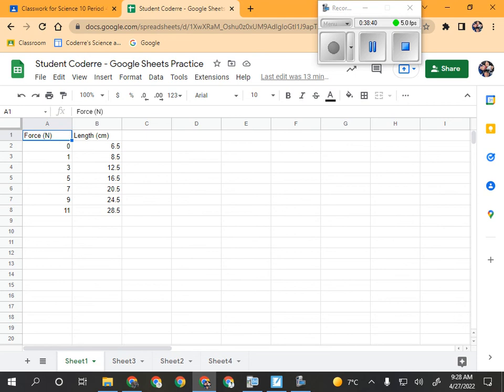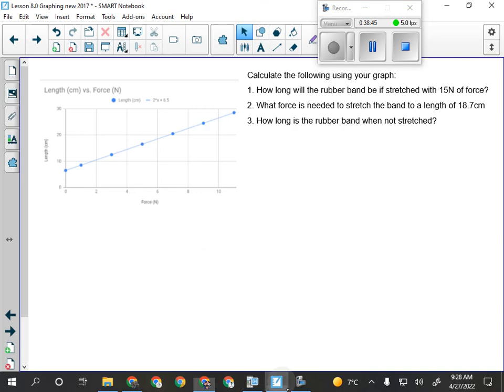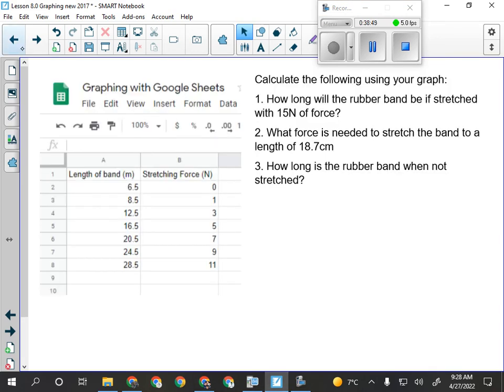You already have the data there. I want you to plot that graph and then answer those questions. So we've got the length of the rubber band and the stretching force. I want you guys to answer those 3 questions. Give you a few minutes on that, and then we'll walk through it together.